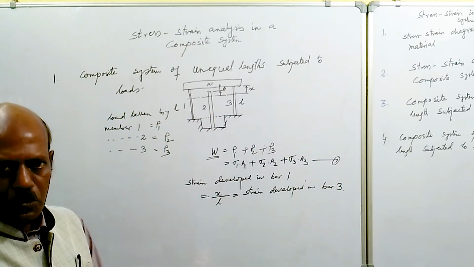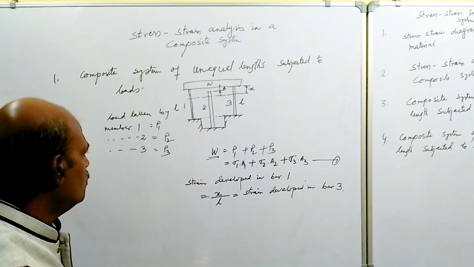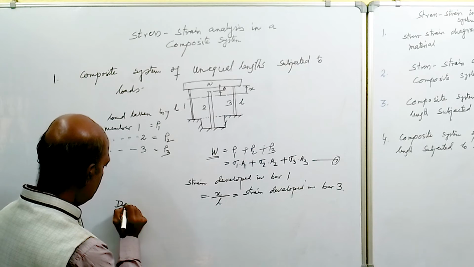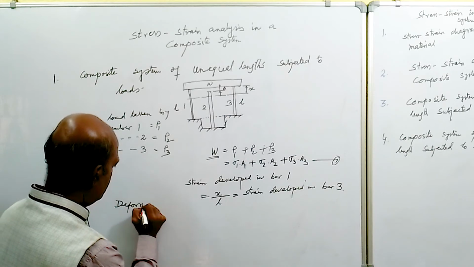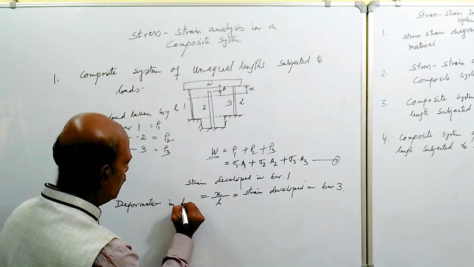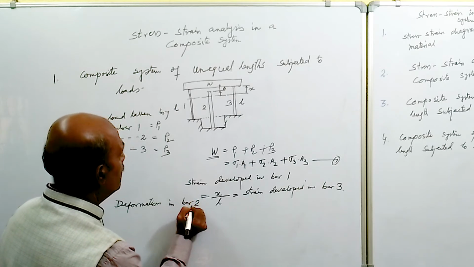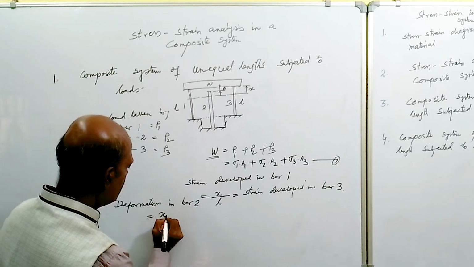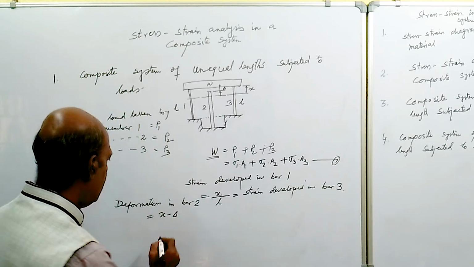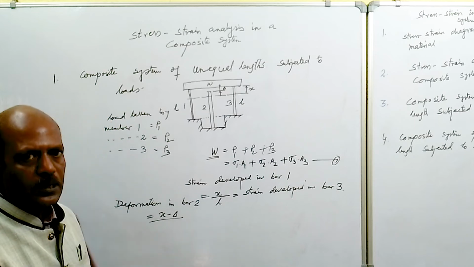But what is the deformation produced in bar 2? The deformation in bar 2 is given by x minus delta. So that is the deformation produced in bar 2.